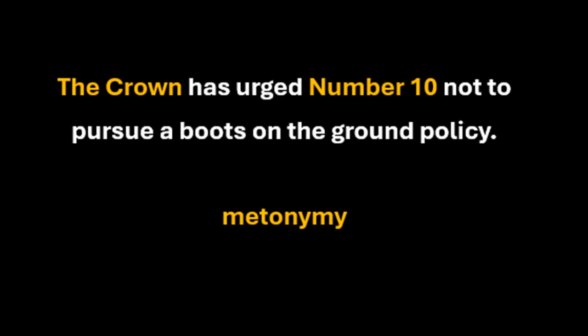The boot is standing in for the soldier. So the British royalty here is urging the British government not to send soldiers, to put boots on the ground, to put soldiers on the ground. So that boots, part of boots on the ground, is synecdoche. A part is standing for the whole. So how did you do?